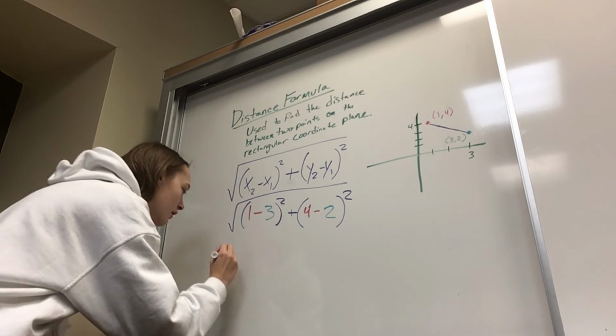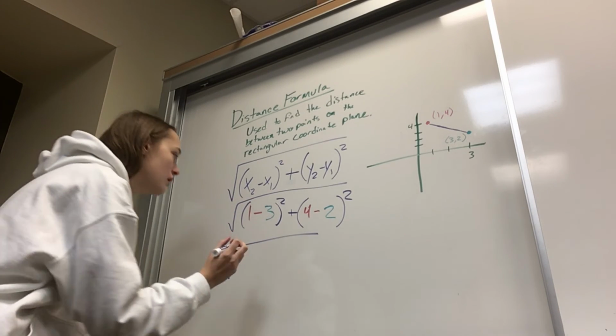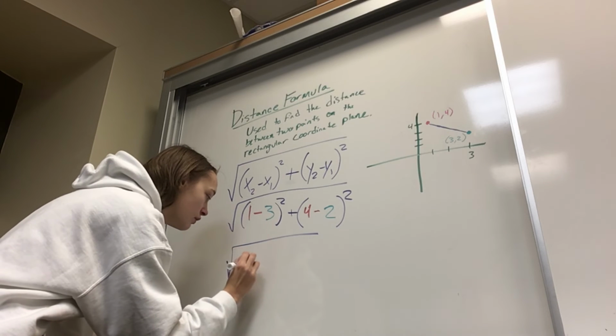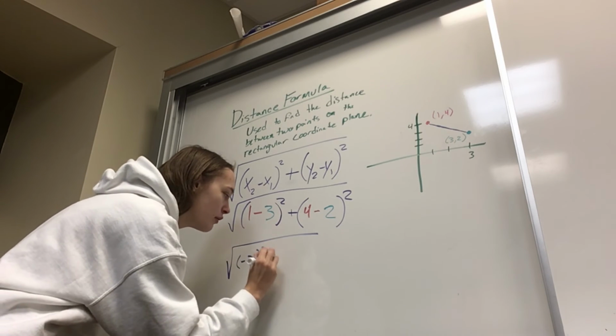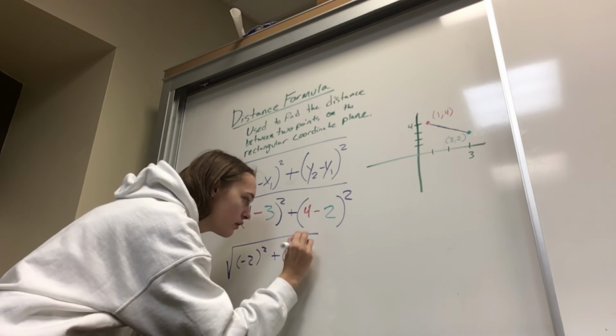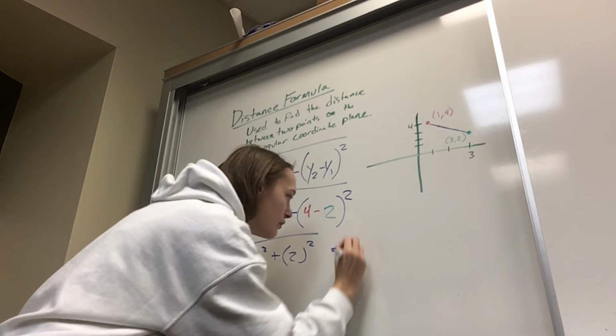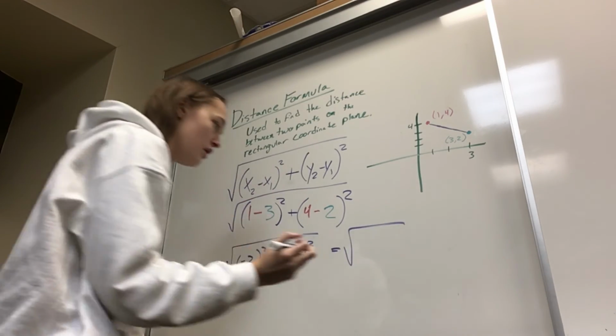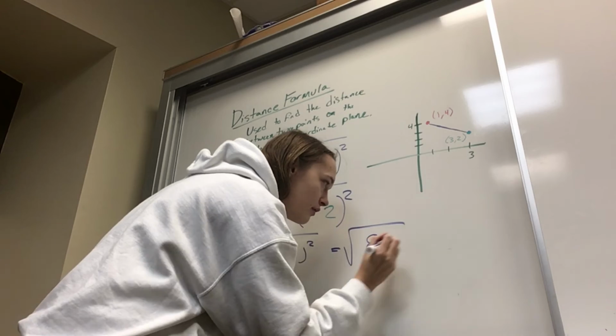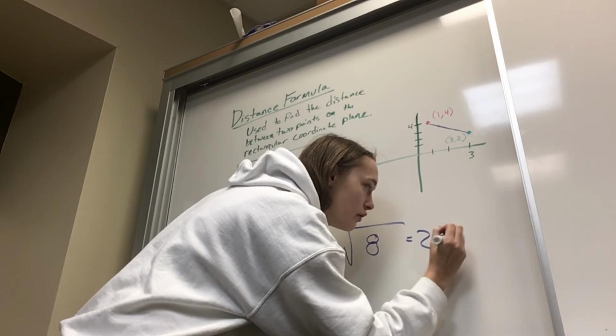And in the end, we get the square root of negative 2 squared plus 2 squared, which equals the square root of 8, which is equal to 2 square root of 2.